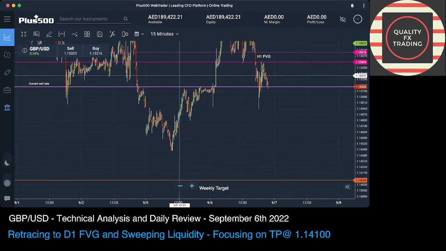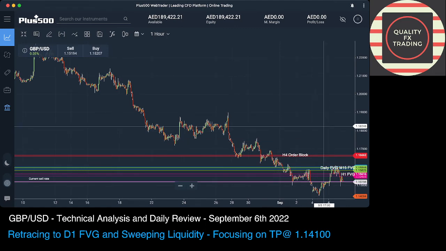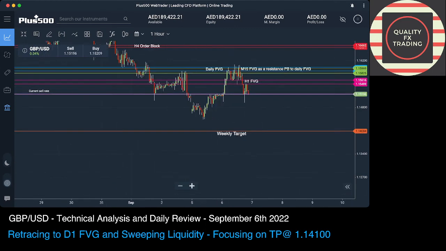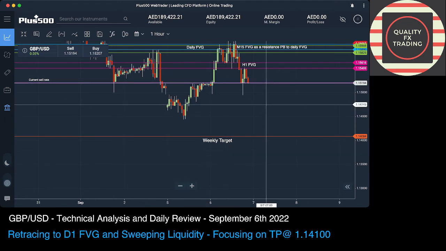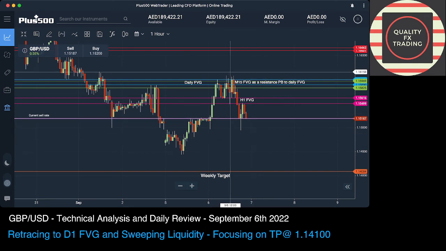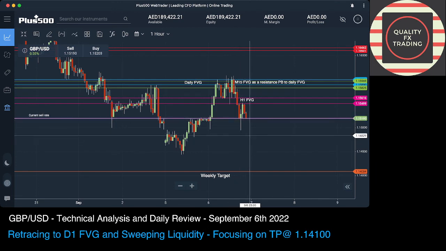Let me go to the 1-hour chart. So this is the H1 chart. What's happening after the price pushing to the downside? Market is running, don't forget. At the time of recording this session, market is moving, and we are almost near the US afternoon session.